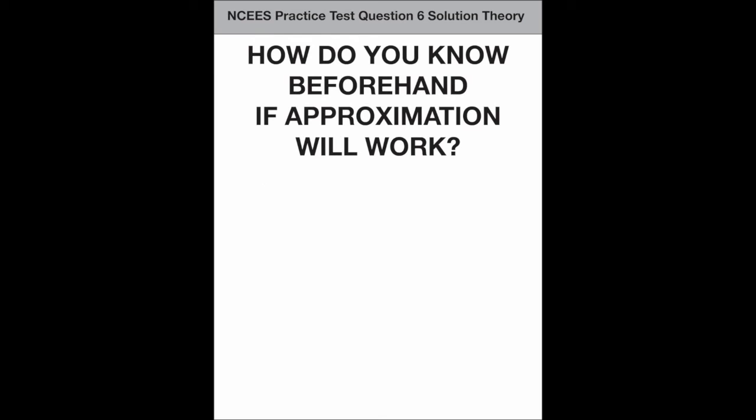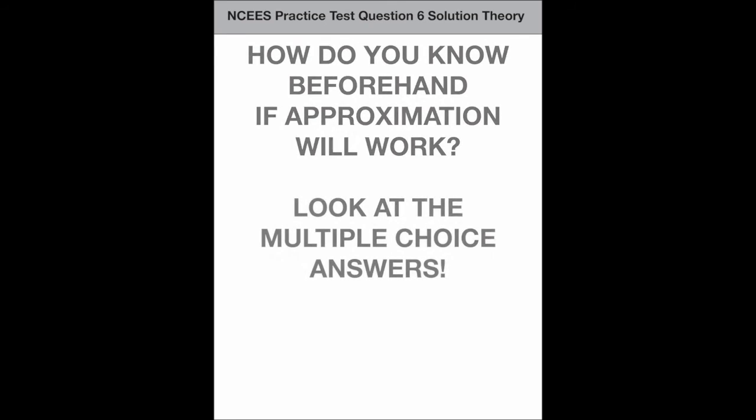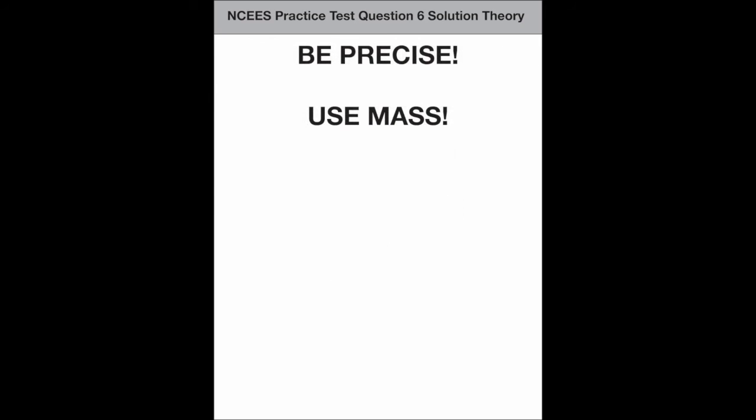How do you know beforehand, as an examinee, if you can use an approximation technique? Look at the possible multiple choice answers. Notice how close option B and C are? You can't risk being anything but precise, and mass is precise.